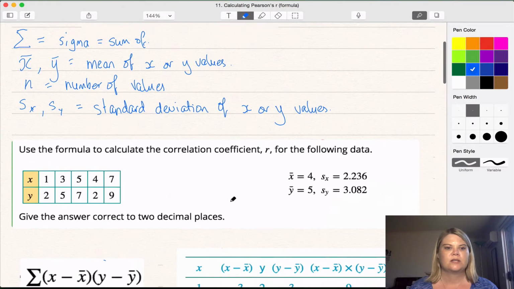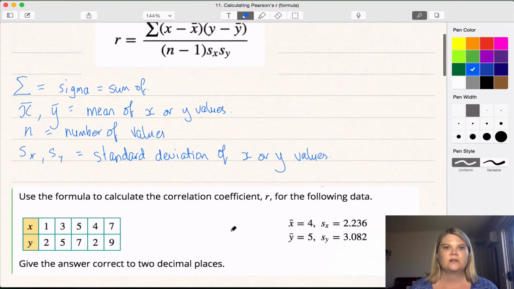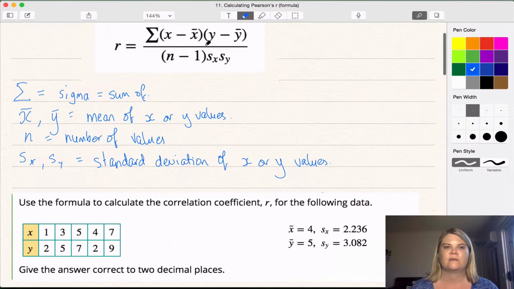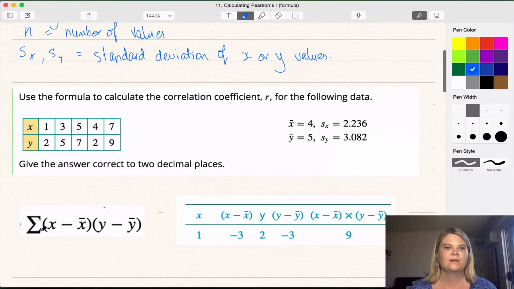So the first thing that we need to work out from this formula is the numerator, the top half of it, this sum of. I've copied the numerator down here, the sum of each X value minus X bar times a Y value minus Y bar. And this is what that means. I'm going to start with the first X value.